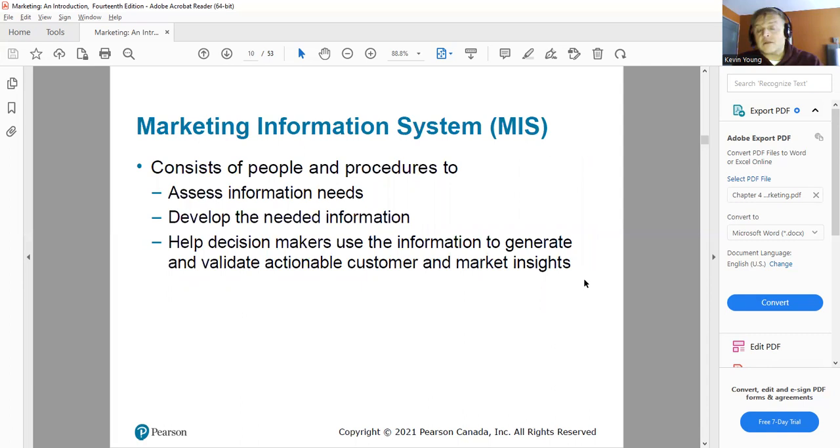An MIS, marketing information system, consists of people and procedures. And what do these people do with these procedures? They assess information needs, they develop the needed information, and then they help decision makers use this information to generate and validate actionable customer and market insights.